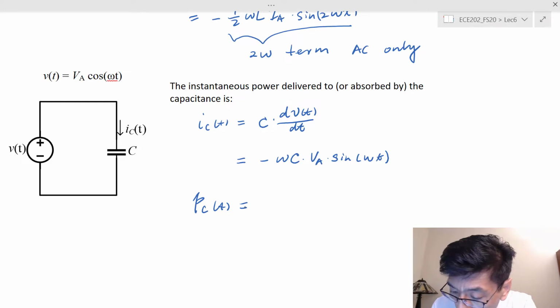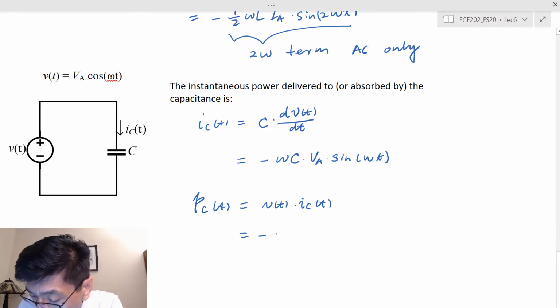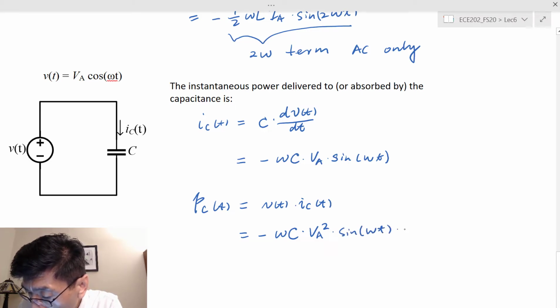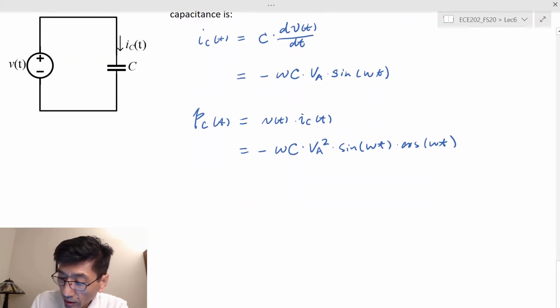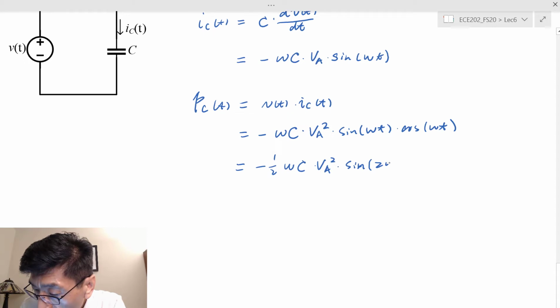So that's V(t) times I sub C(t), which would be equal to negative half omega C and VA squared times sine omega t cosine omega t. The same trig identity will give us negative half omega C VA squared and sine 2 omega t.